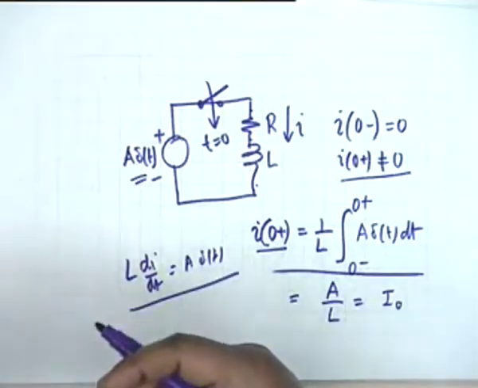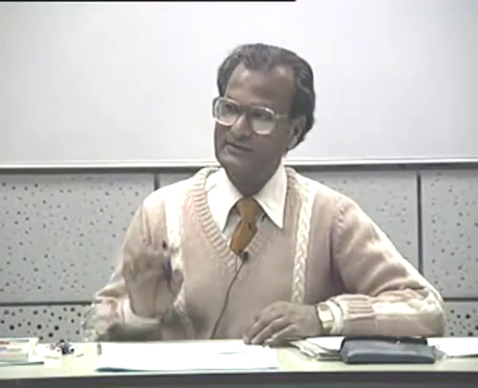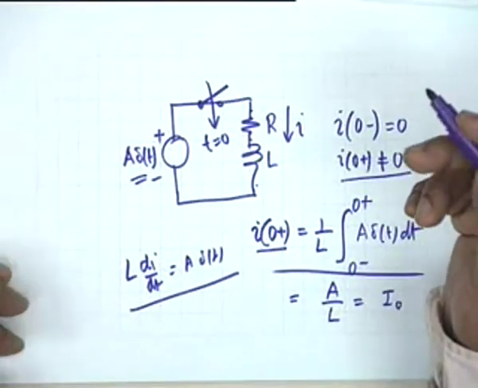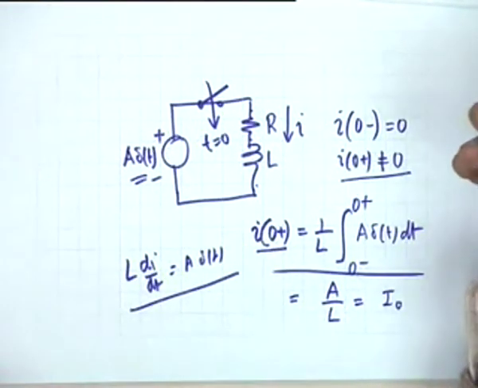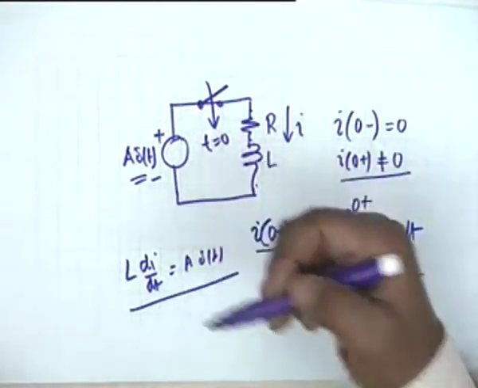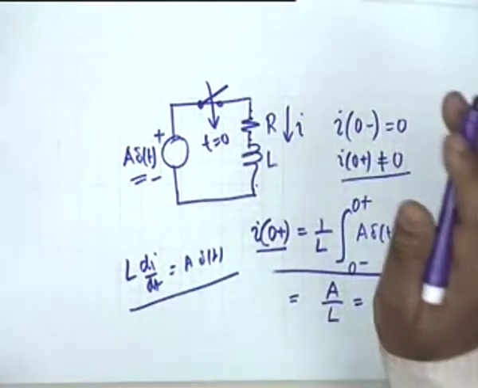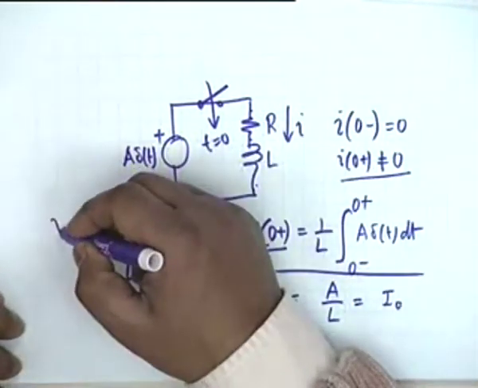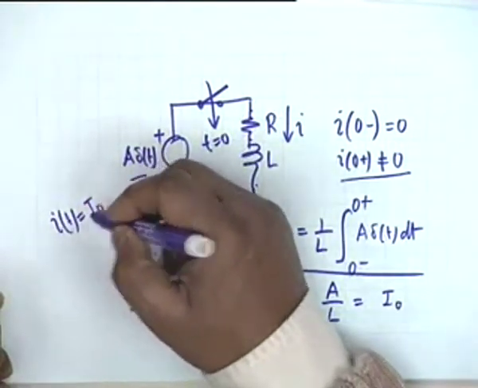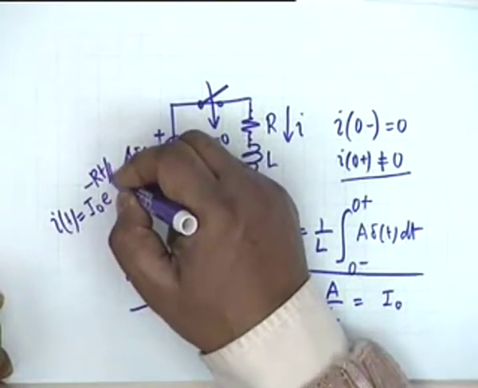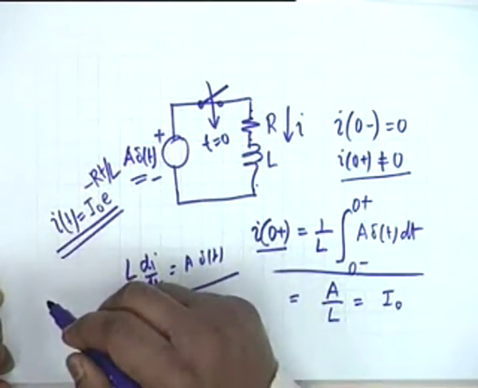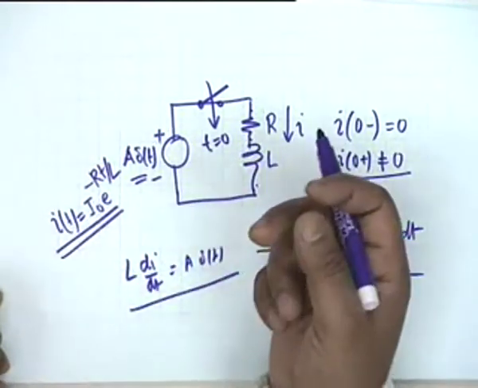So after the impulse has gone away, that is at t greater than or equal to 0 plus, the inductor sees that it has accumulated an energy of half L I 0 squared, and this becomes a short circuit then. A delta t is 0, and therefore the natural response will come into effect. I of t will be equal to I 0 e to the power minus R t by L. Is that okay? And this is called the impulse response of the circuit.